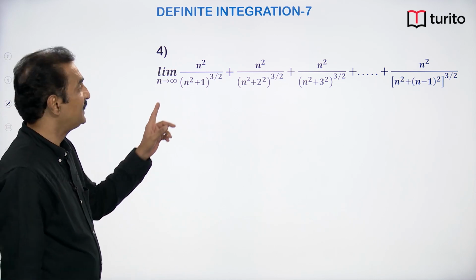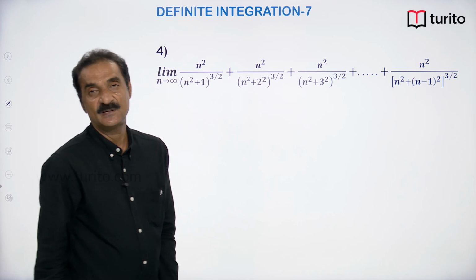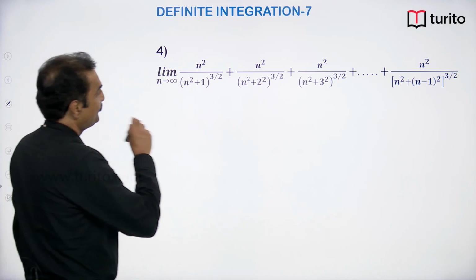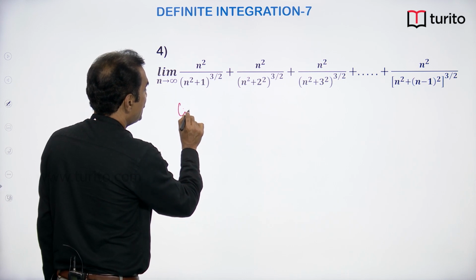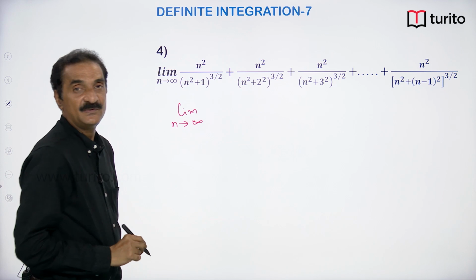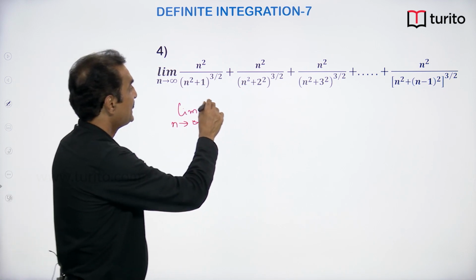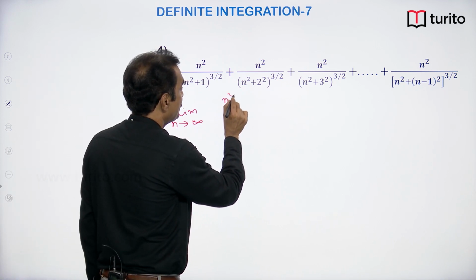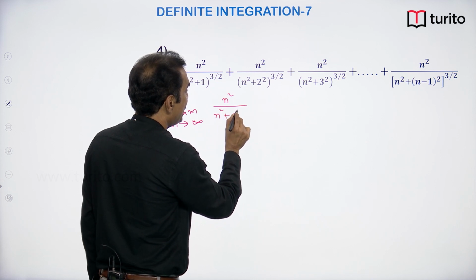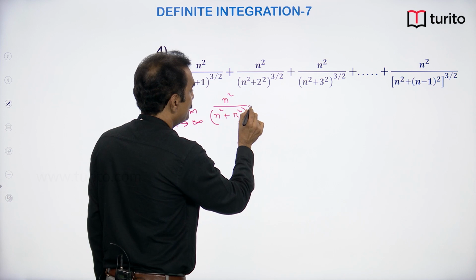Limit n tends to infinity, a sum of a series is given. In the series, what is the general term? General term of the series is n square by n square plus r square power 3 by 2.